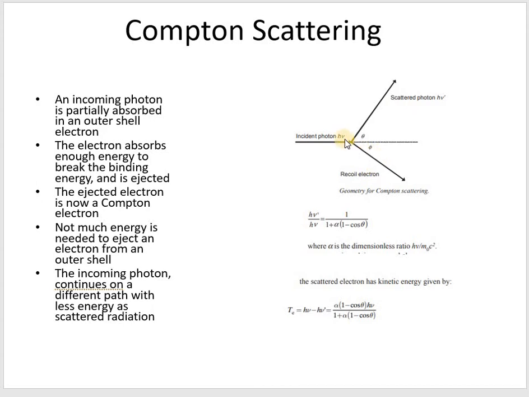If the electron is forwarded in the direct direction, the energy is almost zero. And when the scattered photon is backscattered to the other direction, the energy of this electron is higher.